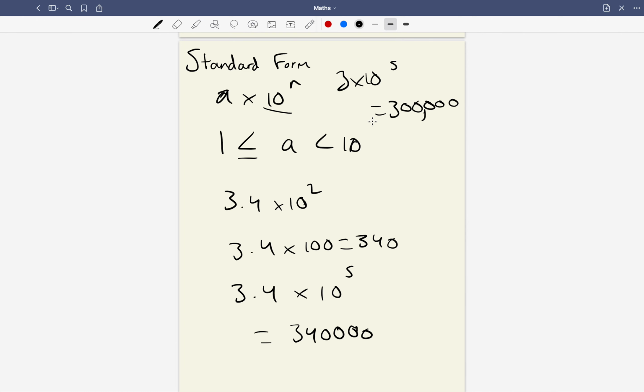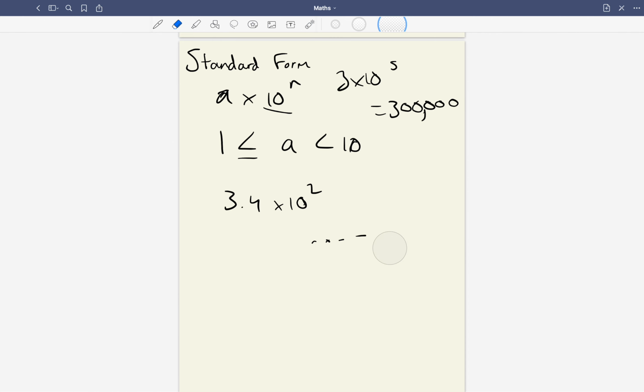If I've got 3 times 10 to the 5, I've got 5 things behind the decimal point. I guess it's a good way of looking at it. So here, I don't have 5 zeros, but I do have 5 values behind that decimal point, which that decimal point is here.